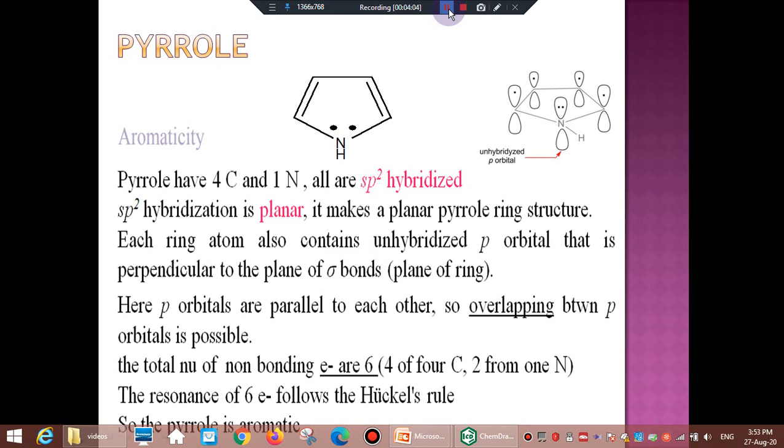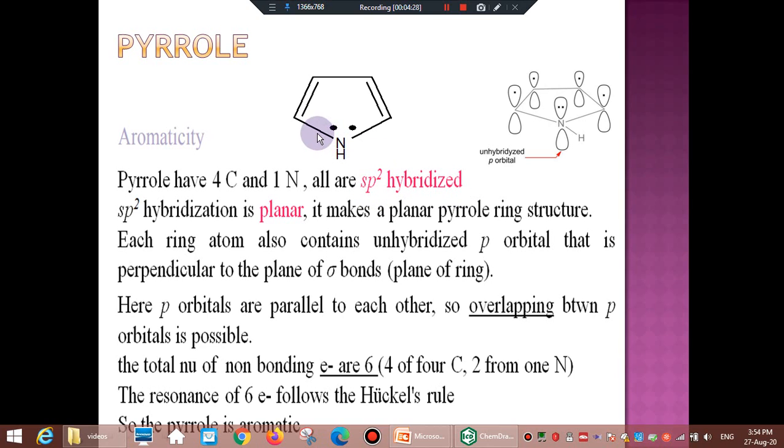Pyrrole is a 5-membered heterocyclic compound which contains 4 carbon atoms like this and 1 nitrogen atom. All these 5 atoms, 4 carbons and 1 nitrogen, undergo sp2 hybridization. All are sp2 hybridized.